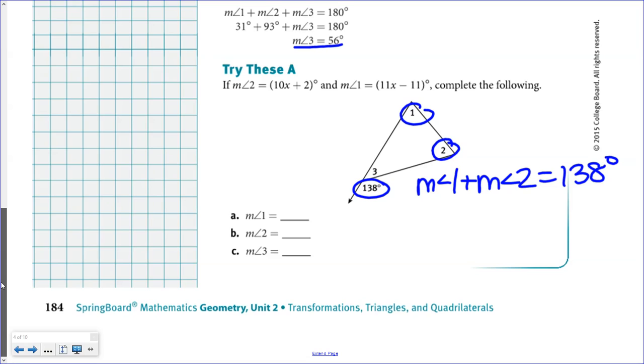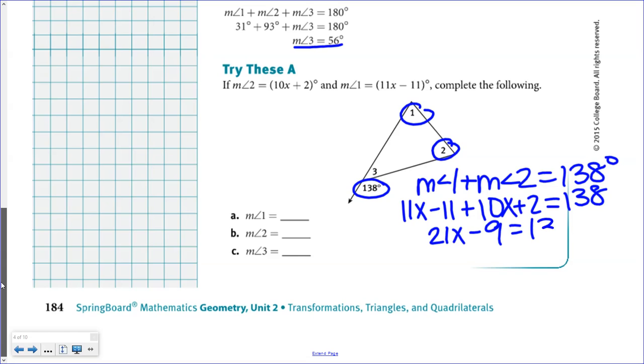Then they told me that the measure of angle 1 was 11x minus 11, and the measure of angle 2 was 10x plus 2. If I combine my terms, I get 21x minus 9 equals 138. And so 21x is going to equal 147, which means that x is going to equal 7.